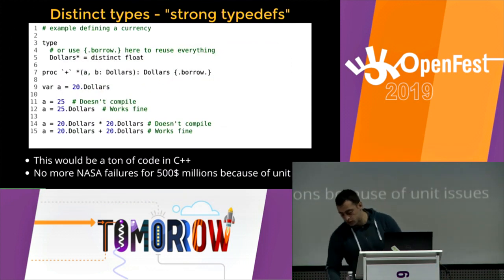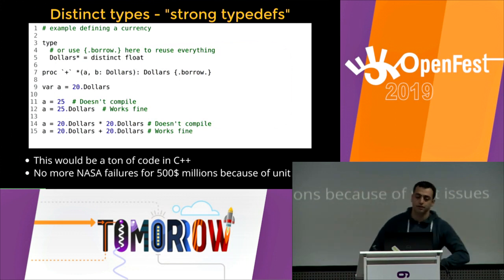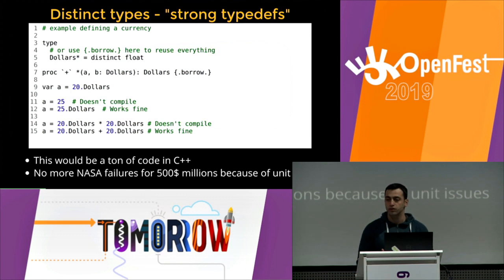But let's go through a bunch of selected features which are really hard in other languages to achieve, but in NIM they come basically for free. For example, if you want to implement distinct types, like we want to implement a units library, or we want to implement a currency, in NIM we can just say that dollars is a distinct float.